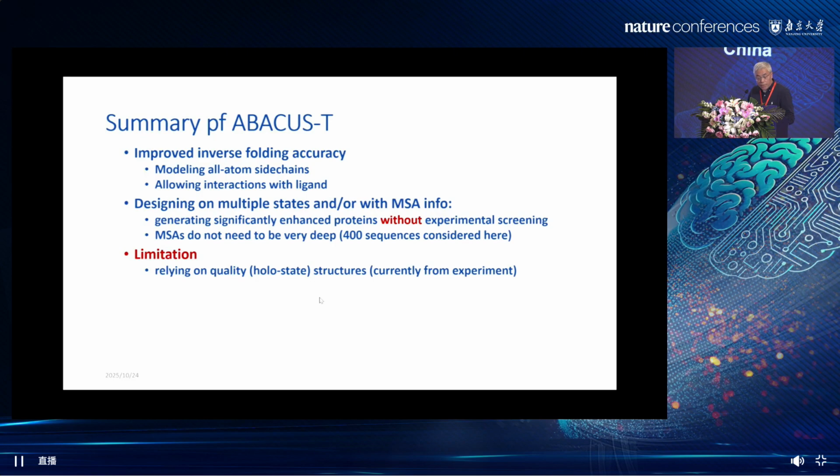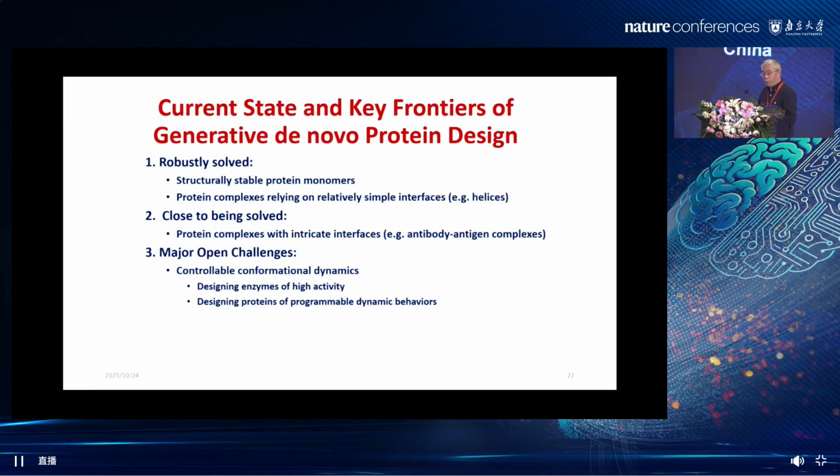Of course, the limitation is that as an inverse folding method, you rely on high-quality input structures, currently from experiment. But we hope that we will be able to generate designable conformational ensembles instead of single structures.